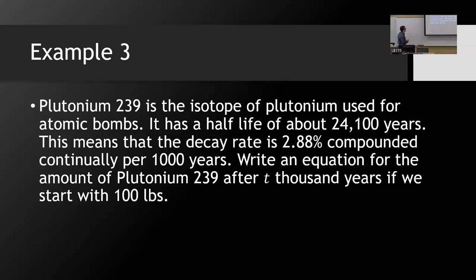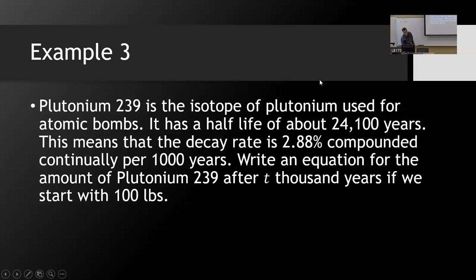So the first thing we have to do is make sure that we're using the right equation. Because we're doing this continually means I need to use the A equals P times e to the RT. Okay. Decay rate is 2.88% per 1,000 years.